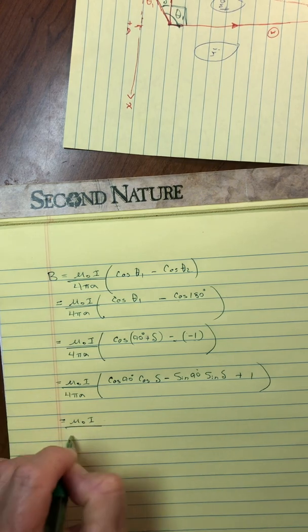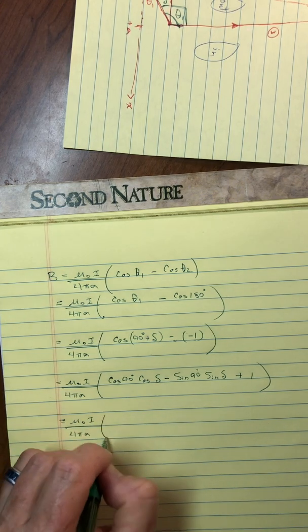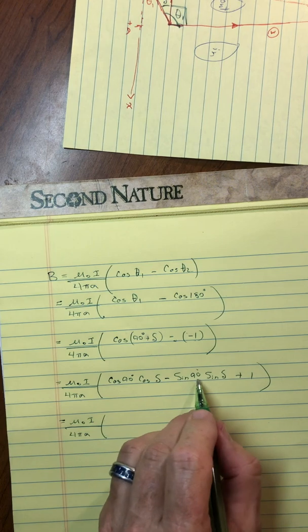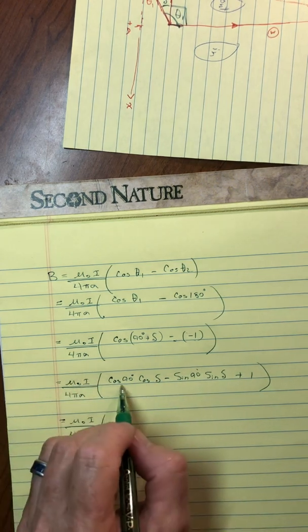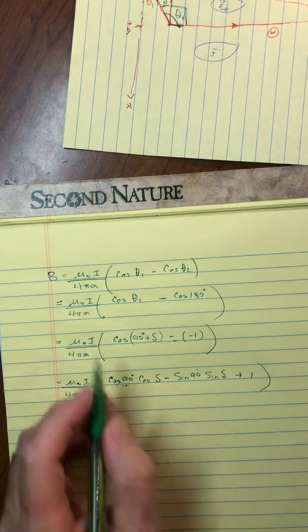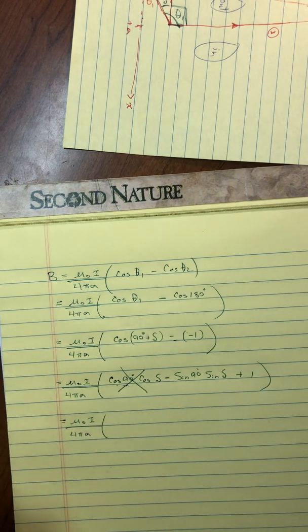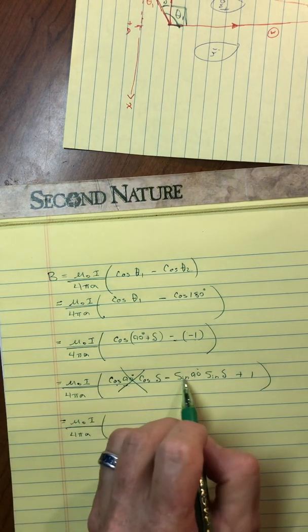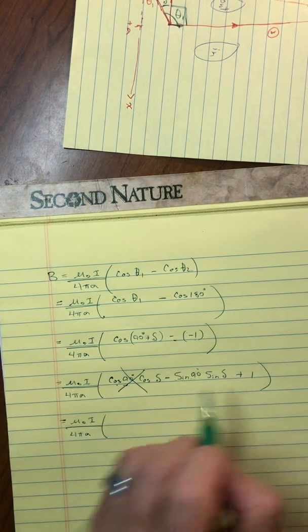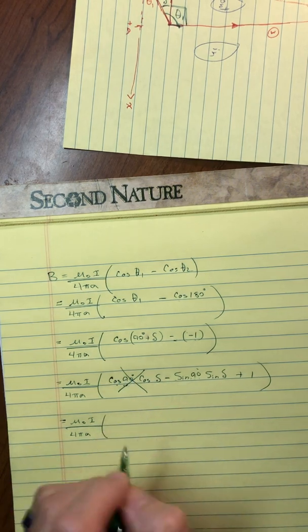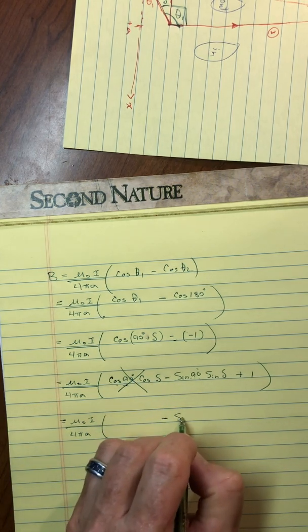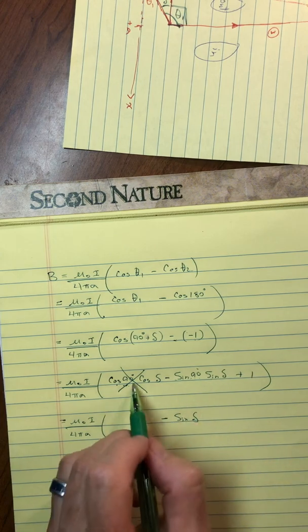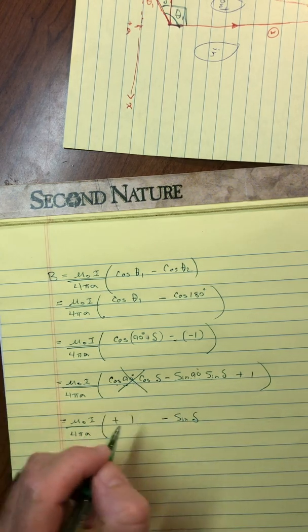And this simplifies a little bit because the sine of 90 degrees, no, I want to do this one first. Cosine of 90 degrees is 0, so that one goes away. And the sine of 90 degrees is just 1. So this just becomes a negative sine of delta. That one goes away, and I'll put the +1 first.